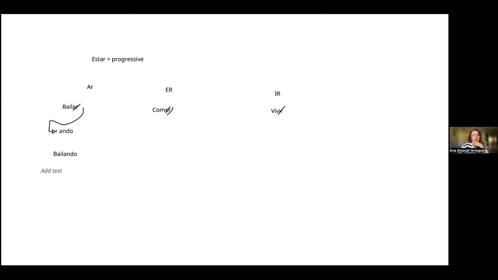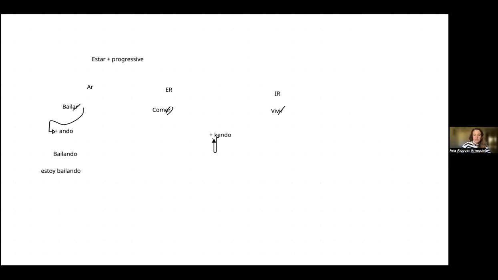The same thing happens with ER and IR verbs. For both of them it's the same. You're dropping the ER or IR ending and you're going to put iendo. Sorry about this, I don't know what's happening.